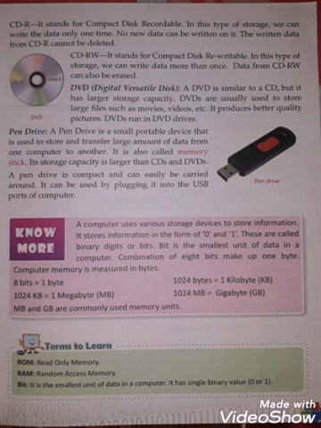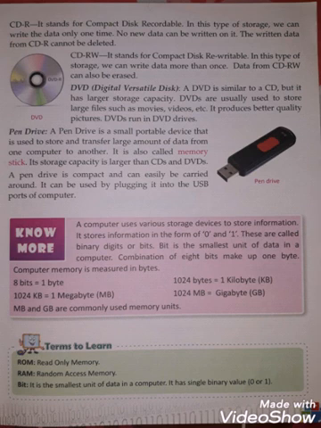Beta, now we will read this note part at the end of your chapter. A computer uses various storage devices to store information. It stores information in the form of 0 and 1. So beta, computer internally stores all the information in the form of 0 and 1. 2 digits only.